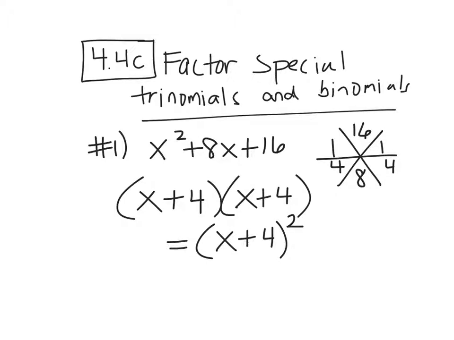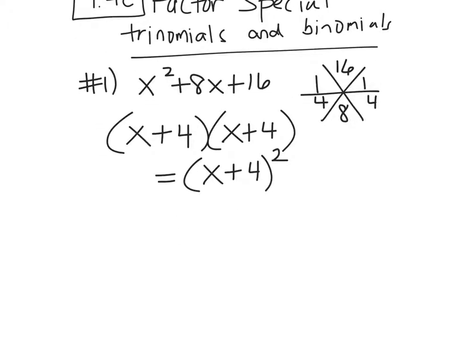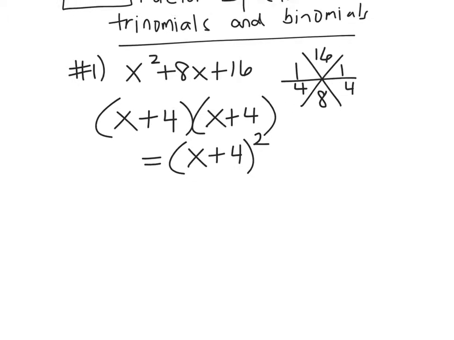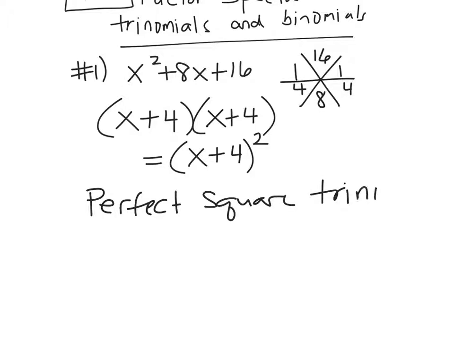Okay? So these are going to be our special cases. And you're like, I'll just do it using star method. And that's fine. Go ahead. But they are going to get a little bit bigger numbers than normal. So here's how you recognize this. This is called a perfect square trinomial. Perfect square trinomials factor as either plus plus or minus minus, the exact same terms.